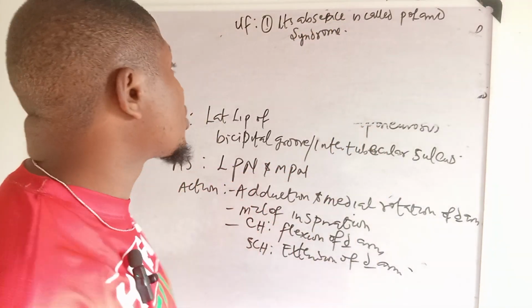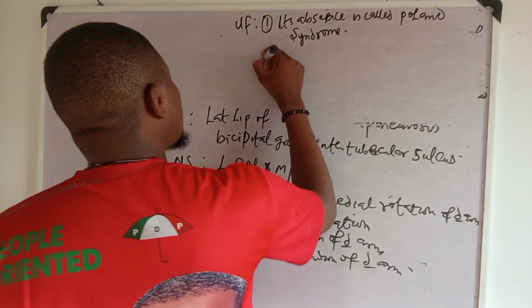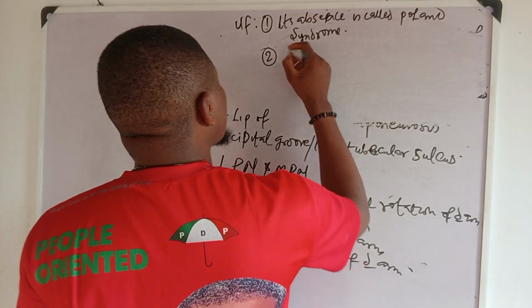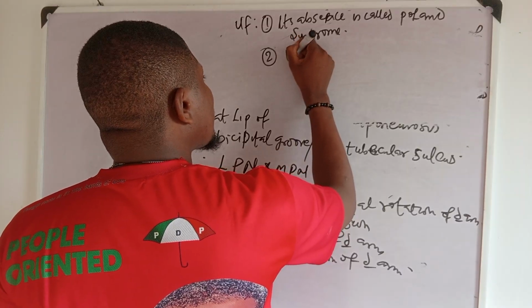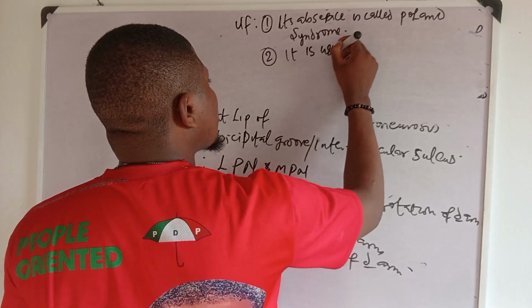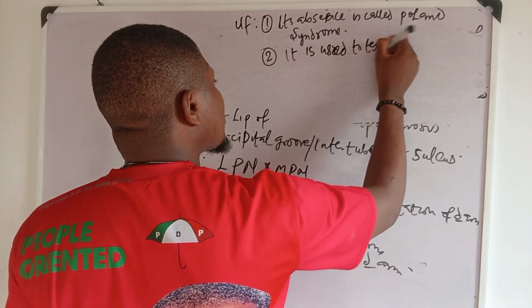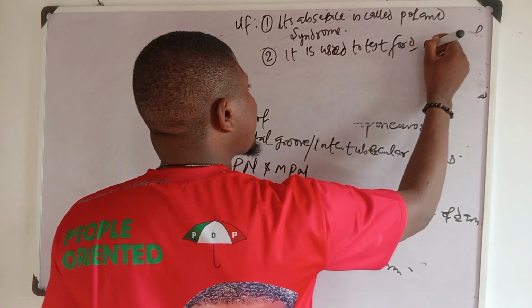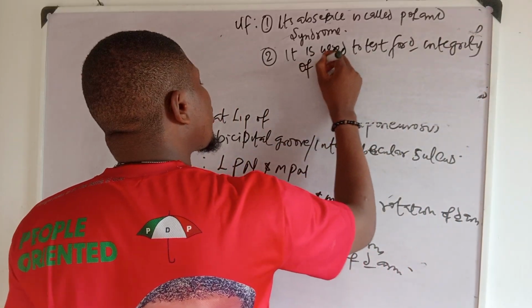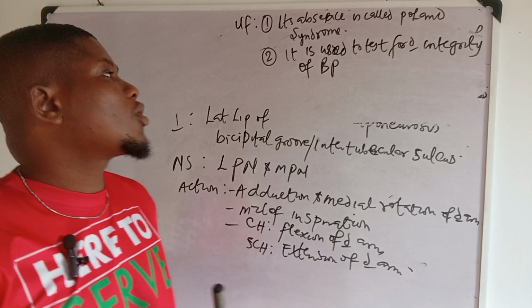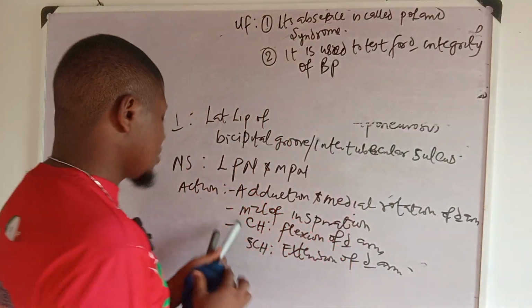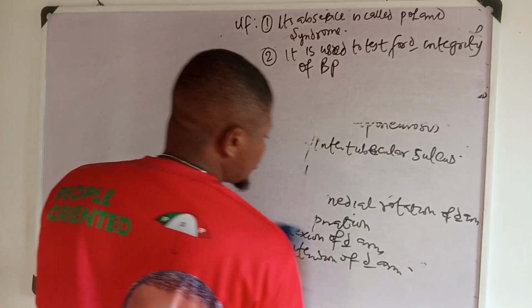Number two, it is used to test for the integrity of the brachial plexus because it's supplied by all the segments of the brachial plexus.